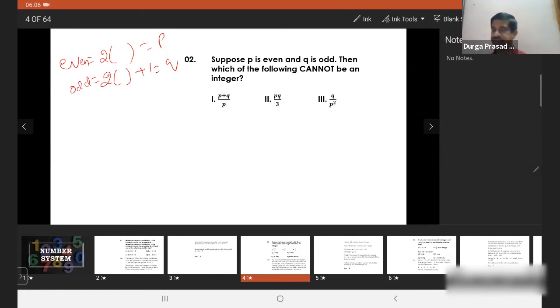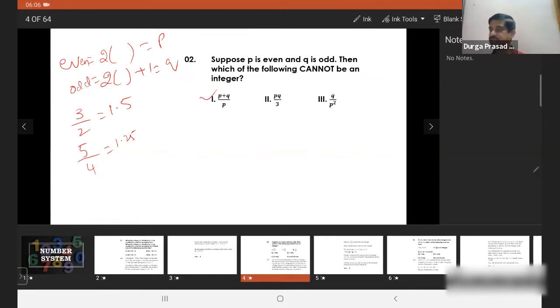So it's always a fraction. Like for example, 3 by 2, 1.5. 5 by 4, 1.25, like that. So everywhere it becomes decimal. This is not integer. So therefore option 1 is cannot be an integer.